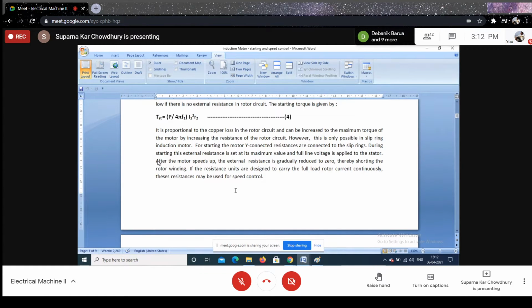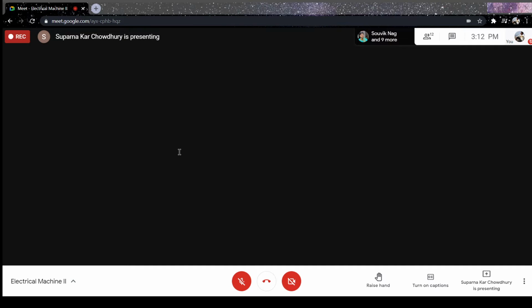However, if it is a slip-ring motor, then only we can change the rotor resistance, otherwise not. For starting the motor, Y-connected resistances are connected to the slip rings. In case of slip ring motors, during starting, this external resistance is set to its maximum value, and then gradually, once the motor has started, we reduce the resistance.